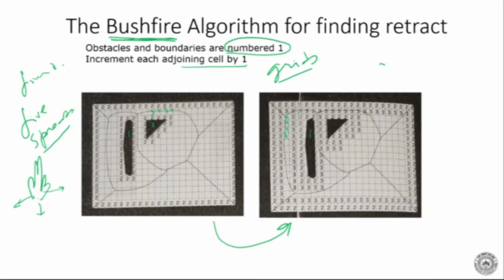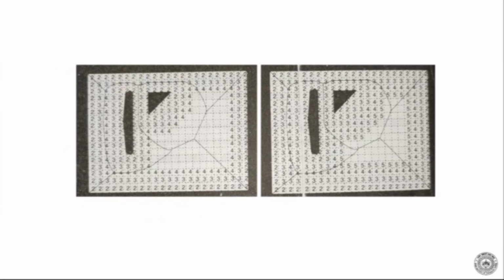Okay. Now if you see this kind of numbering, then automatically when you have covered the full grid, the highest numbers will correspond to in-between points. This is 4, 4, this 5, 5, 5, 5. Okay. Now this is automatic. So between this object and this object, you see this is the deformation retract actually. Now that's automatic, isn't it?